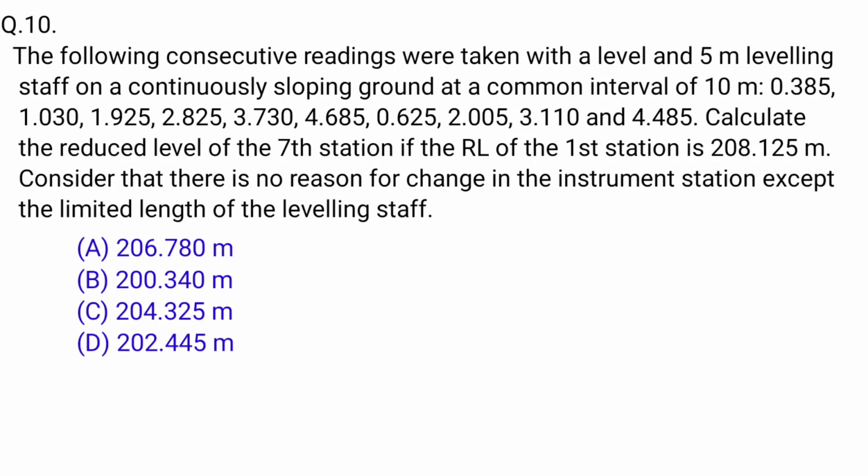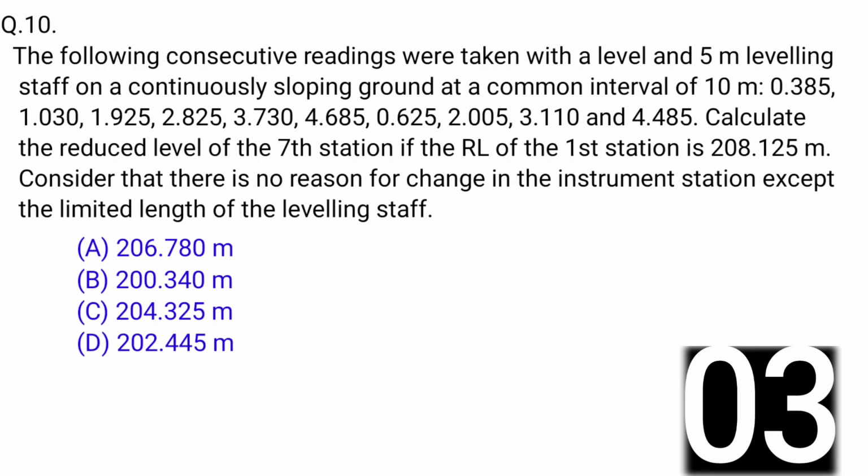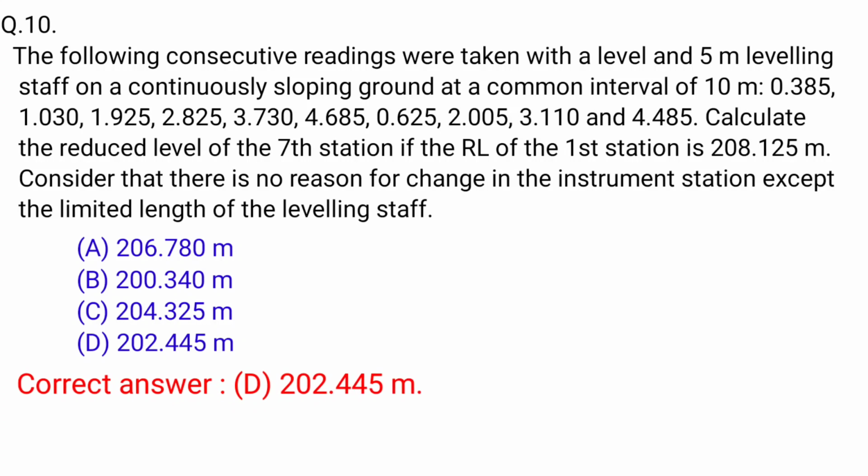Consider that there is no reason for change in the instrument station except the limited length of the leveling staff. Options: A. 206.780 meter, B. 200.340 meter, C. 204.325 meter, D. 202.445 meter. Correct answer is option D.